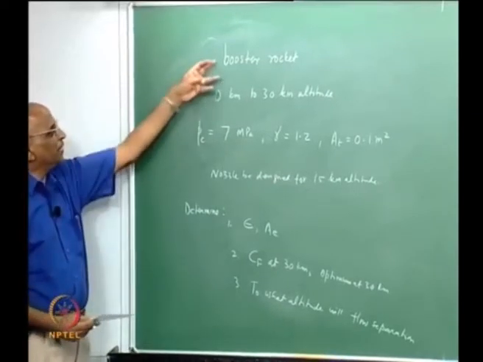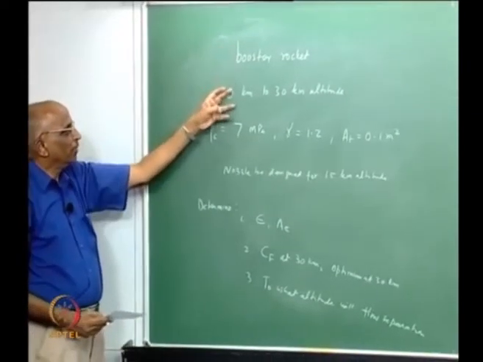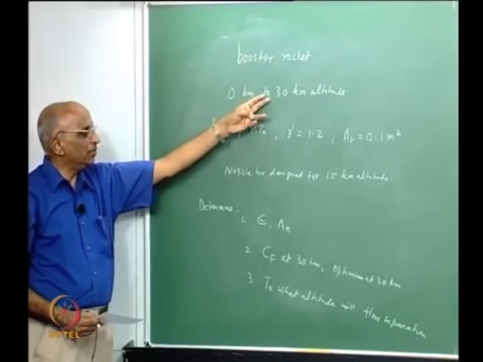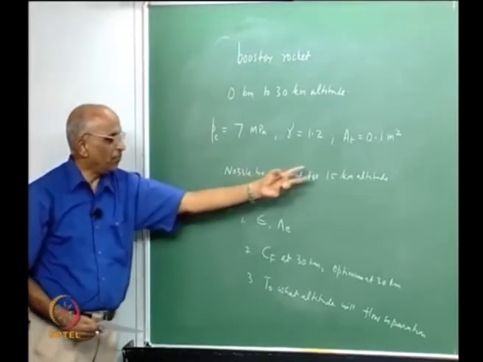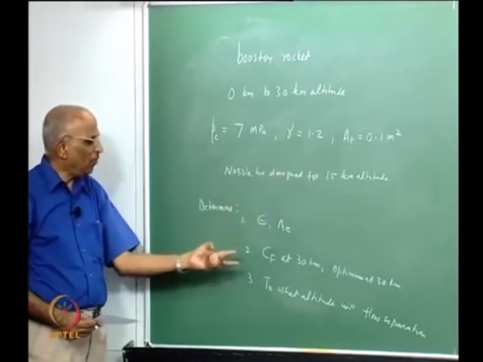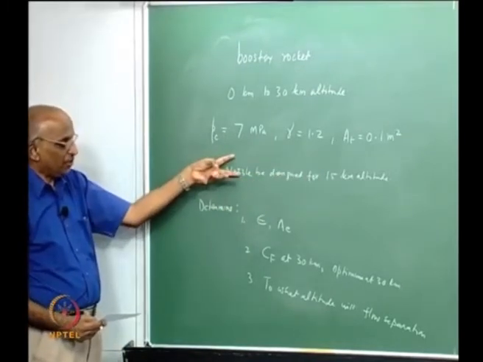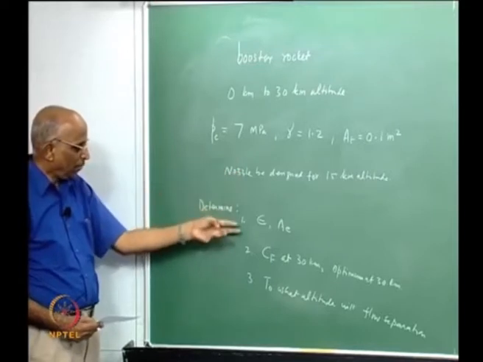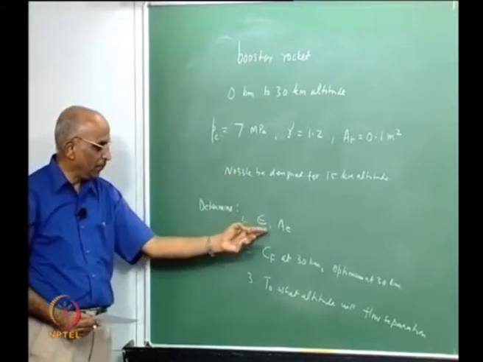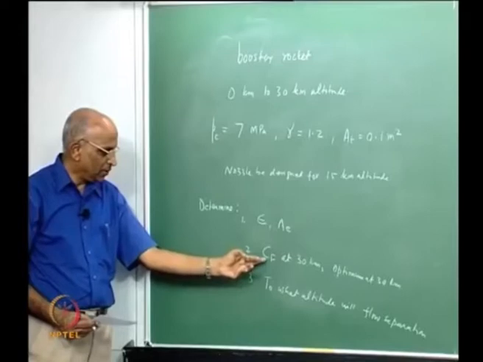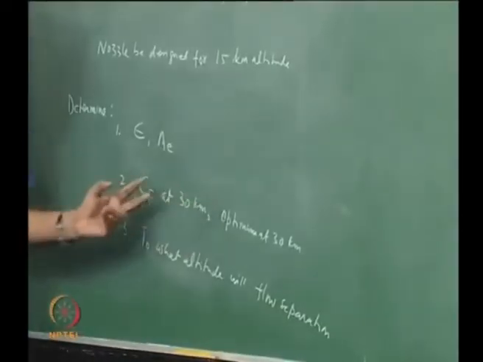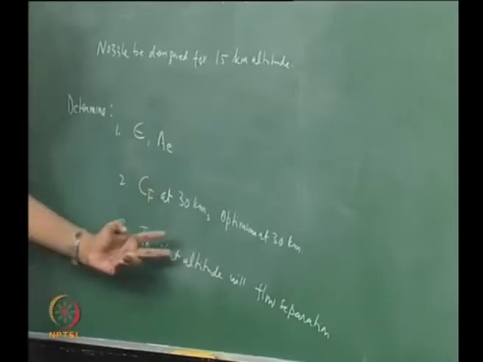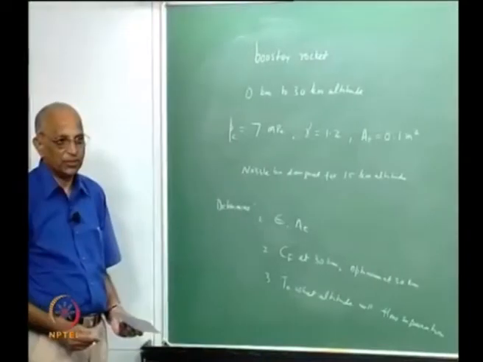In other words, we assume it is a conical nozzle that flies between 0 and 30 kilometers. The nozzle is designed for an altitude of 15 kilometers. I want to know till what height flow separation takes place in this conical nozzle. I also want the area ratio, the area at the exit, the thrust coefficient at 30 kilometers, the optimum value of thrust coefficient at 30 kilometers, and to what altitude flow separation takes place.